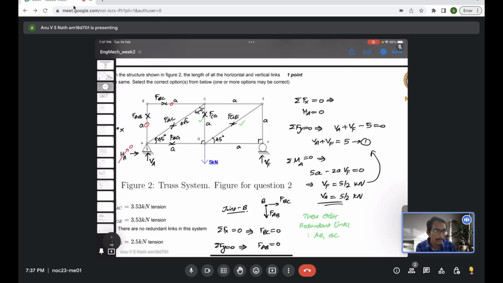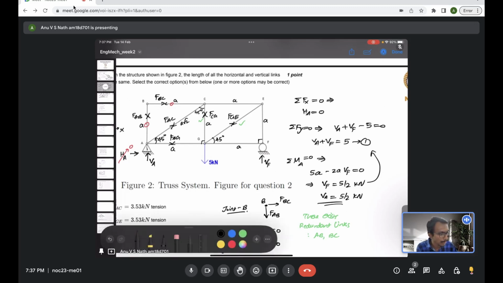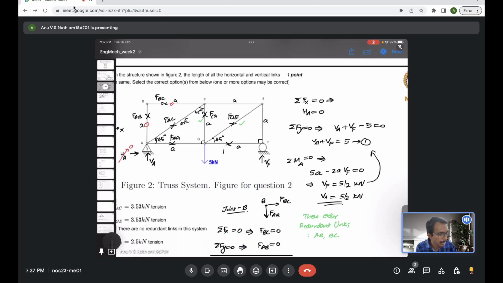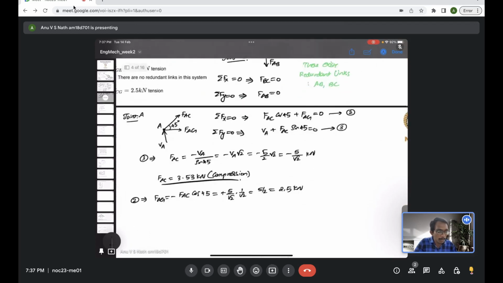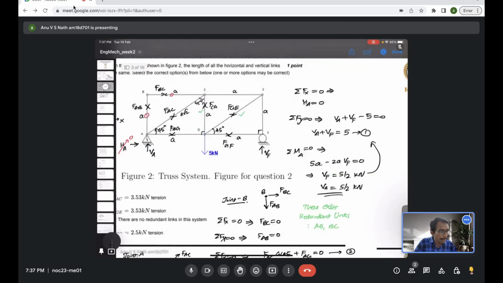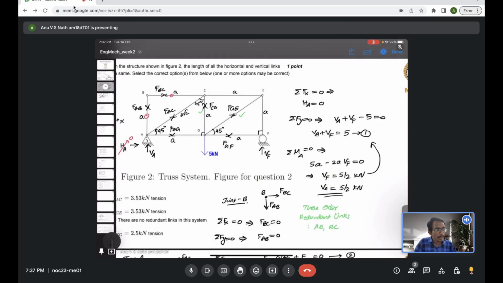We have FCG as an unknown, FGE as an unknown, and if you see, this member has FGF, which is also an unknown. So 3 unknowns. FAG is also related to joint G, but we already know it. We evaluated FAG as 2.5 kilonewton in tension. Apart from that, there are 3 extra unknowns, so we cannot just go to G and evaluate FGE and FCG.